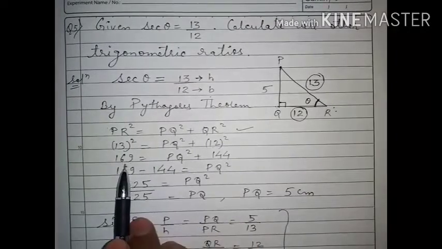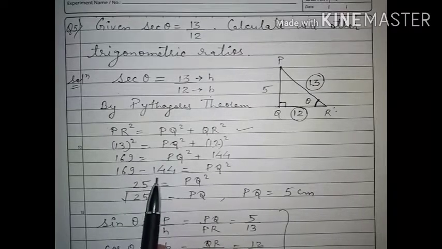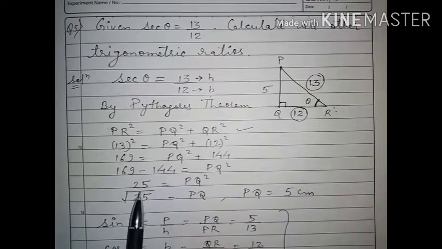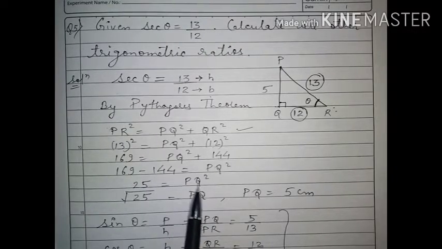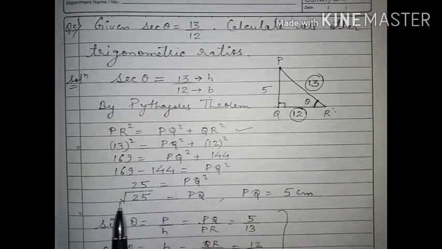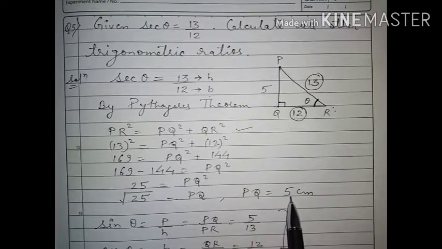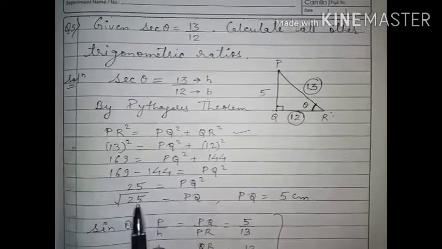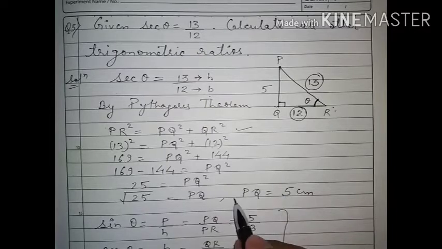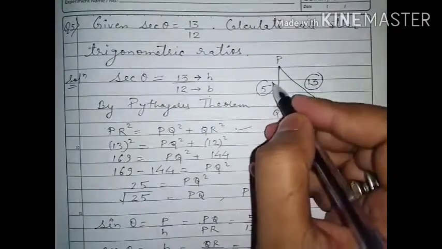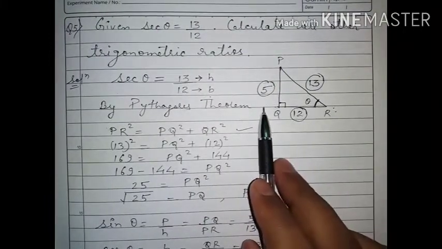Now this 144 comes to the LHS part. 169 minus 144 is equal to PQ square. So 169 minus 144, that is 25, is equal to PQ square. So PQ is equal to root under 25. So now PQ is how much? That is 5 centimeter. Square root of 25 is 5 centimeter. So I write it here 5. Now in this way we get all the three sides of triangle PQR.